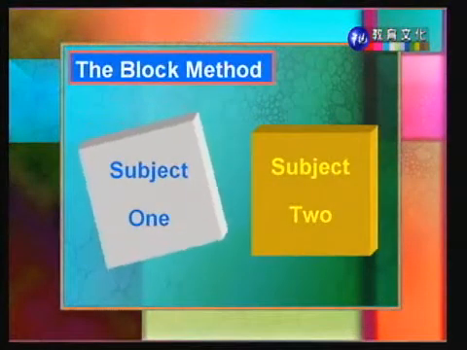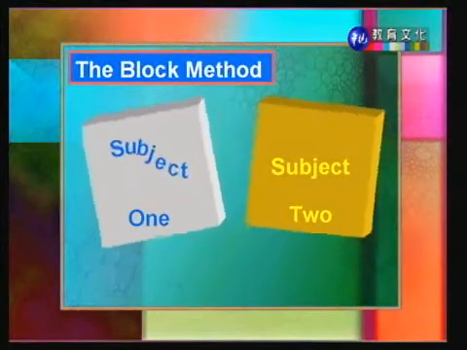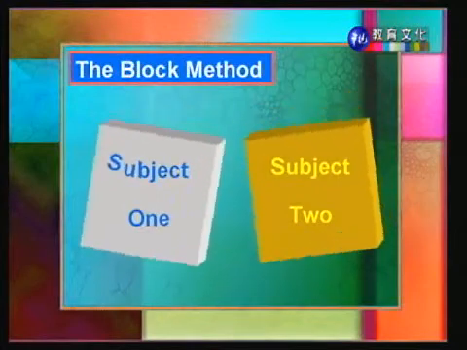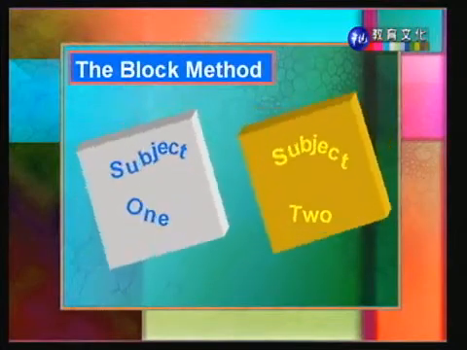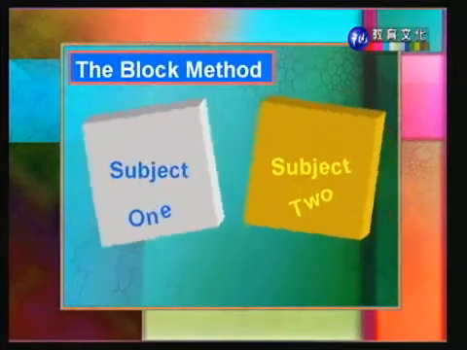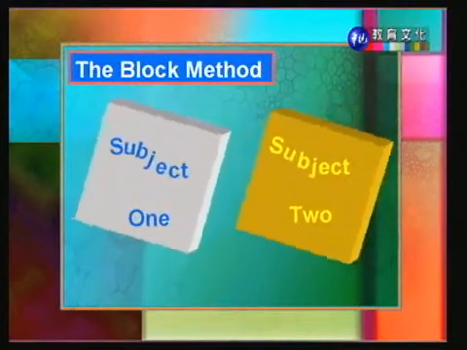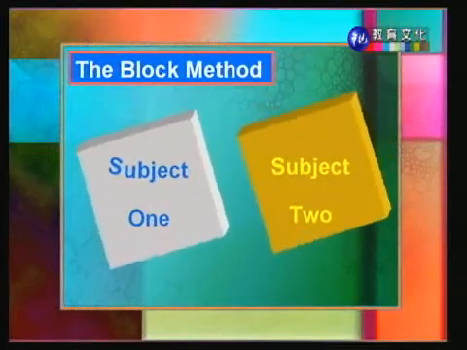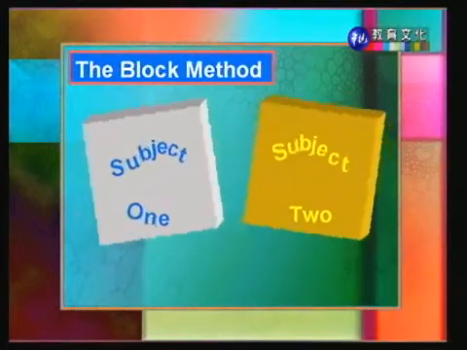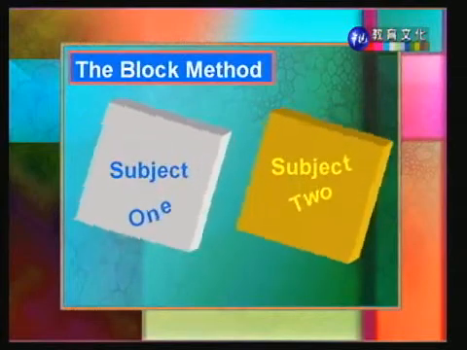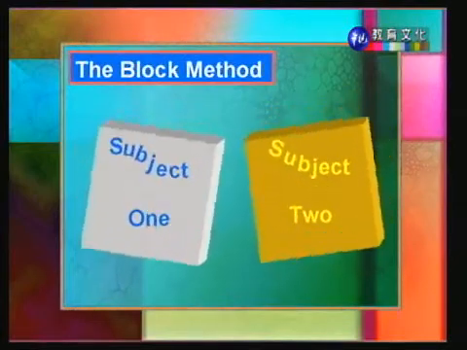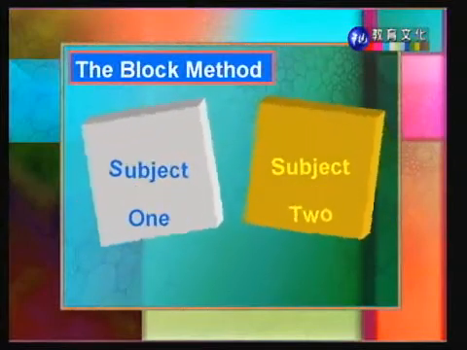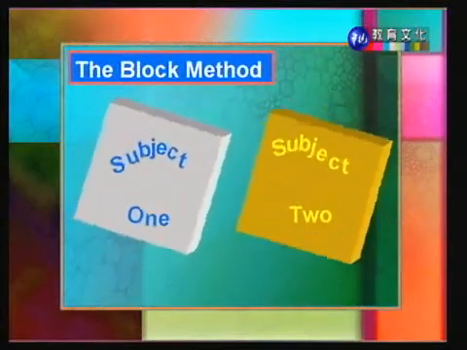On your screen you can see two pictures to illustrate these two methods. In the block method, you have two big blocks to indicate how you are going to divide up your topic. This means that first we say everything about one subject in a single paragraph, and that's our first block.